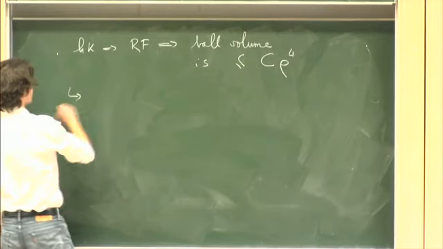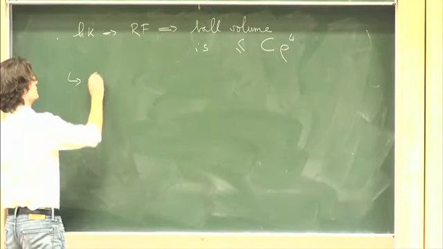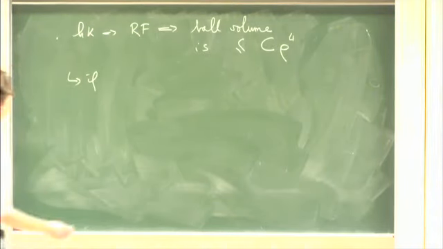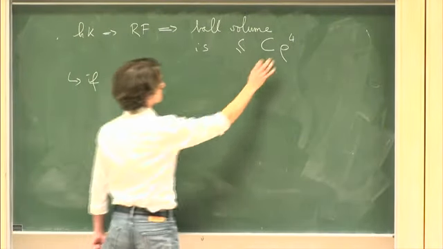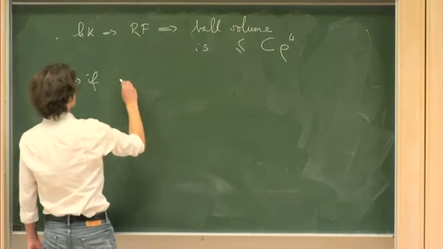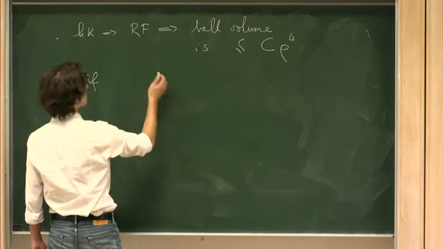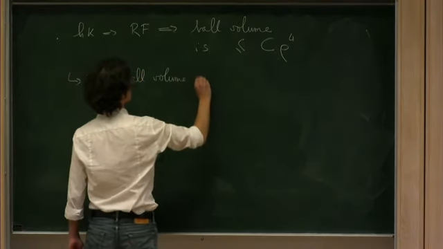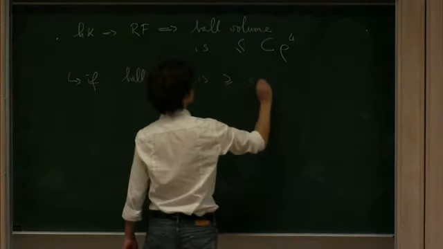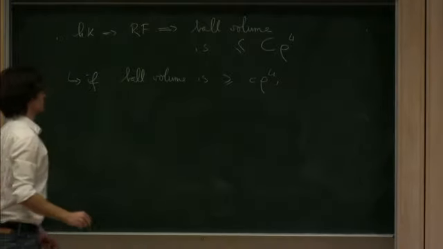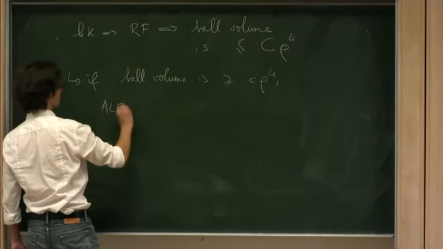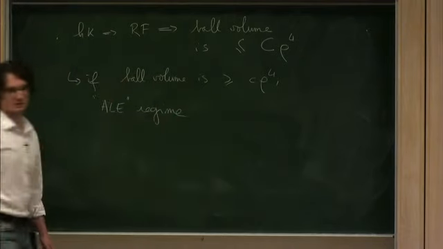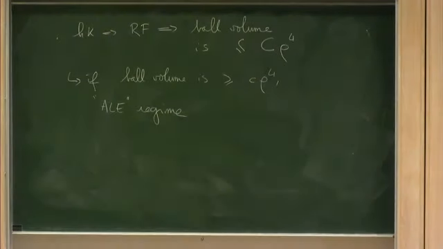So if this bound is effective, meaning that you have a similar lower bound, you are in the so-called ALE regime. ALE standing for asymptotically locally Euclidean.